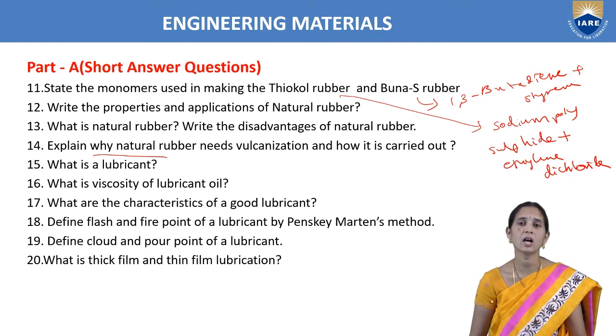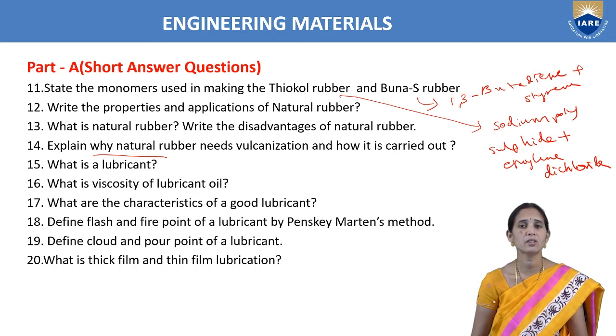So to improve the hardness of the rubber, we have to add the chemical sulfur to the natural rubber. When we add sulfur to the natural rubber and maintain the temperature at 100 to 140 degrees centigrade, we can prepare the vulcanized rubber. So to convert soft rubber into hard rubber, or to improve the hardness of the raw rubber, we go for the vulcanization process.